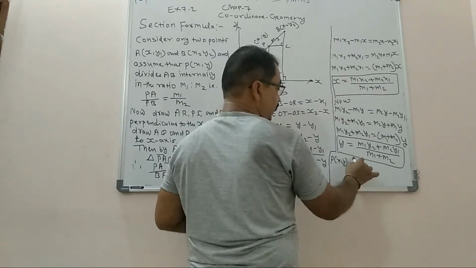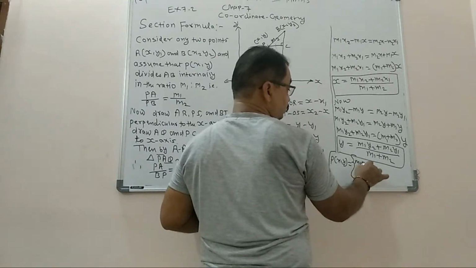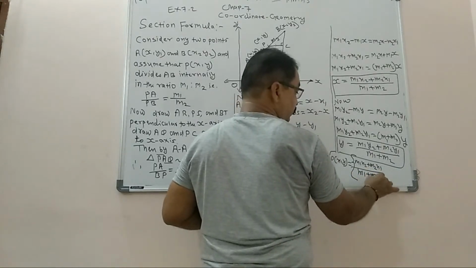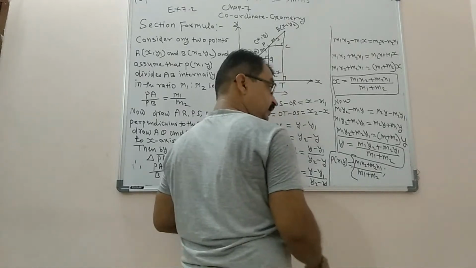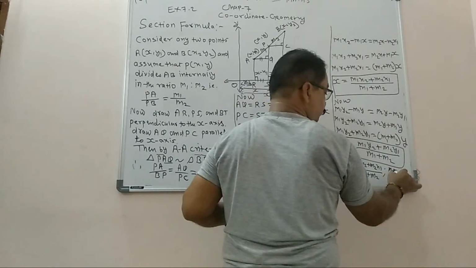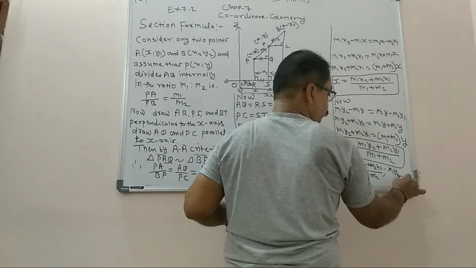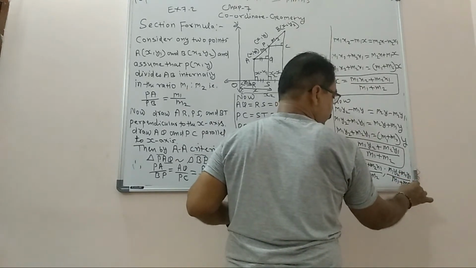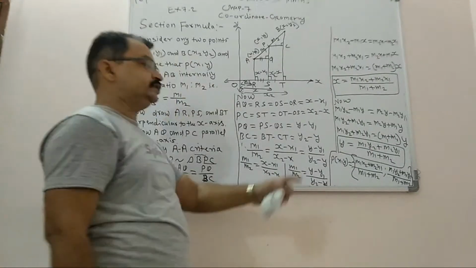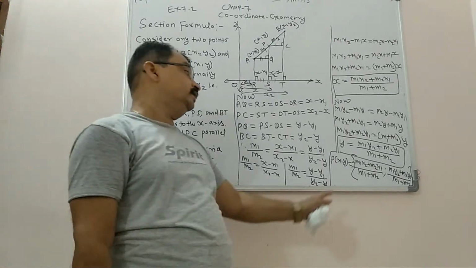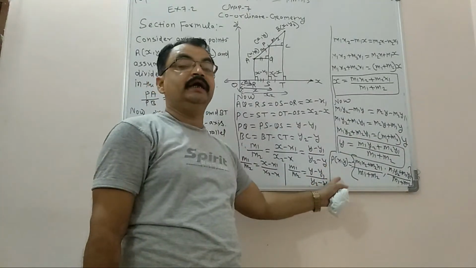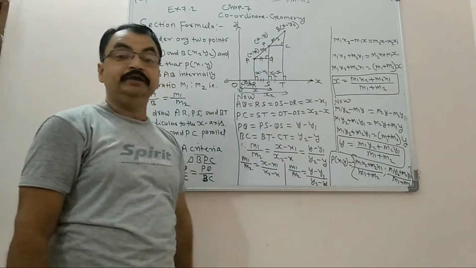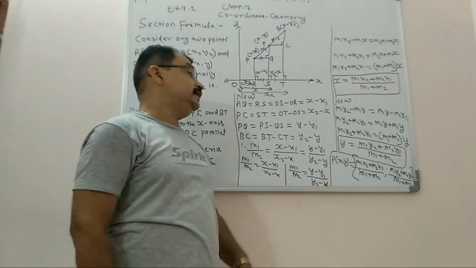So we got the coordinate of point P, the x, y value: x as (m1x2 plus m2x1) upon (m1 plus m2), and y coordinate as (m1y2 plus m2y1) upon (m1 plus m2). So this is the section formula, which gives the coordinates of point P as x and y, which divides the given line segment AB in a given ratio, say m1 and m2.